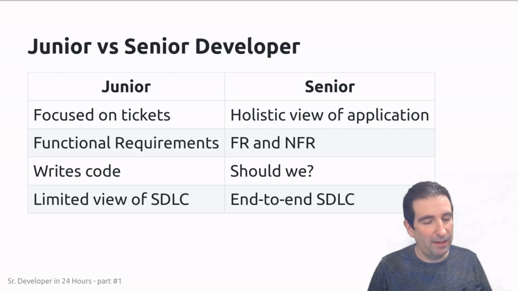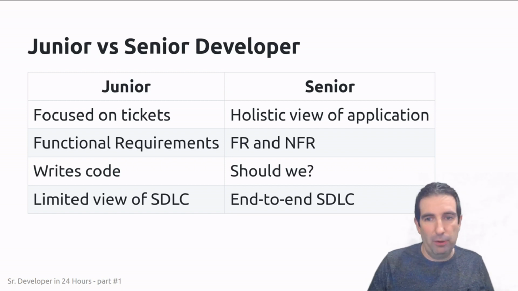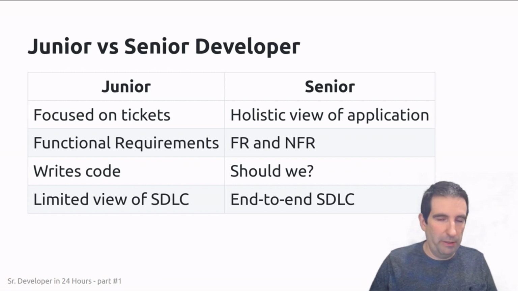But besides that, they need to keep a holistic view of the application and how the application fits within the broader ecosystem in which it is working. At this point, nobody's writing an application that doesn't have any dependencies with any other application, so it is part of the responsibility of the senior developer to keep in mind those interactions, those dependencies.